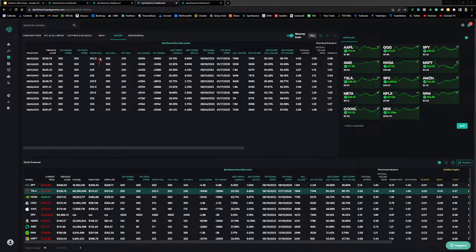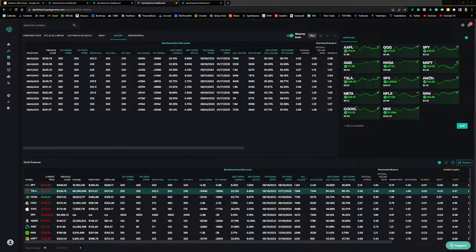So there's the shift lower from yesterday to today in the hedge wall, and it has gradually been shifting lower. Notice also the key gamma strike has shifted lower over the last 10 days from 260 to 250. And the call wall looks like it has oscillated around 250 to 300, and shifted lower yesterday from 300. And also the put wall has shifted lower, and today shifted lower from 240 yesterday to 230 today.